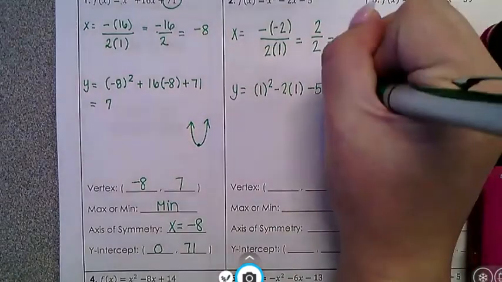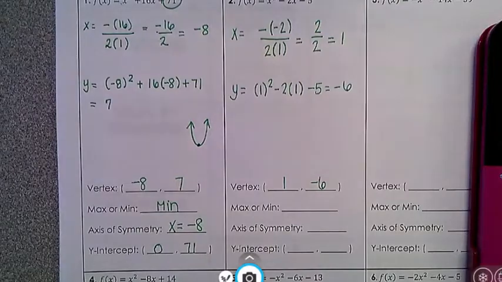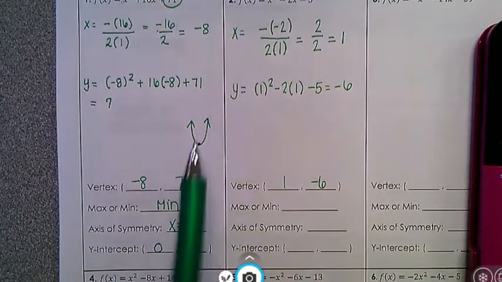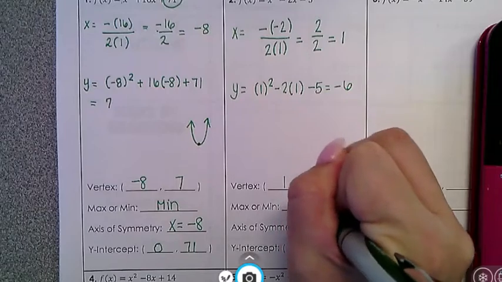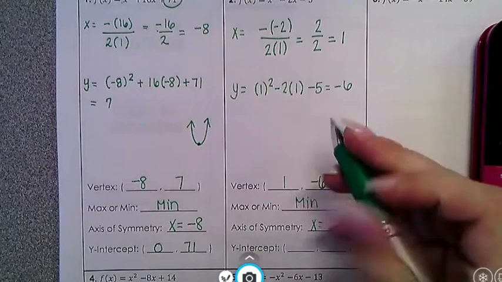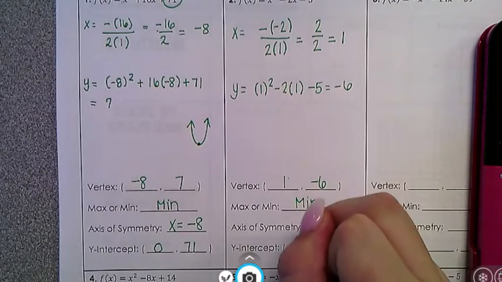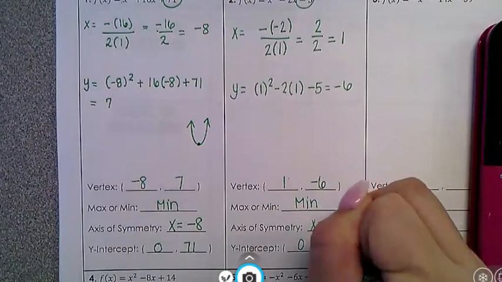And we get negative 6. So our vertex is 1, negative 6. Again, my a value is positive, so it points up, which means my vertex is at the bottom, making it a minimum. The axis of symmetry is x equals 1, the x value of the vertex, and the y-intercept is 0, and then my c value is negative 5.